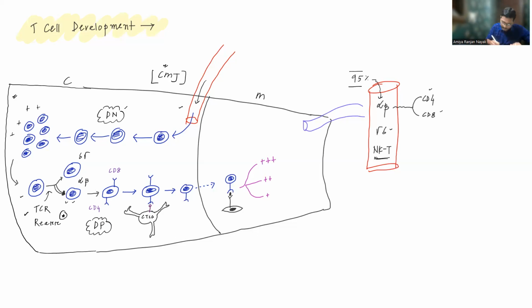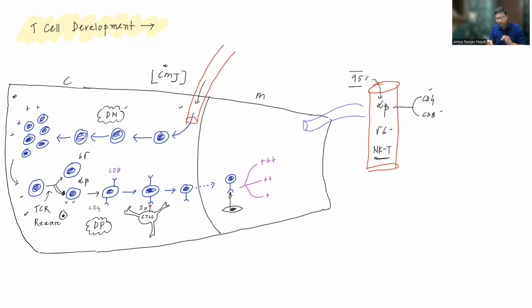For example, this is an MHC class 1 molecule. We have discussed previously, when I discussed T cell activation in the lecture on hemophagocytic lymphohistiocytosis, that the CD8 molecule can interact with the MHC class 1 molecule and CD4 molecules will interact with the MHC class 2 molecule.